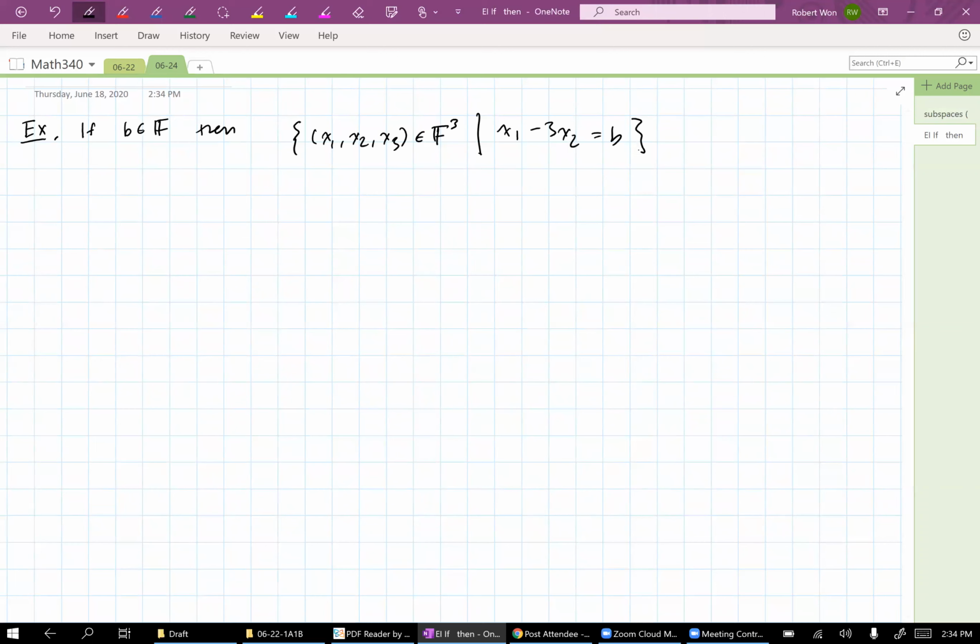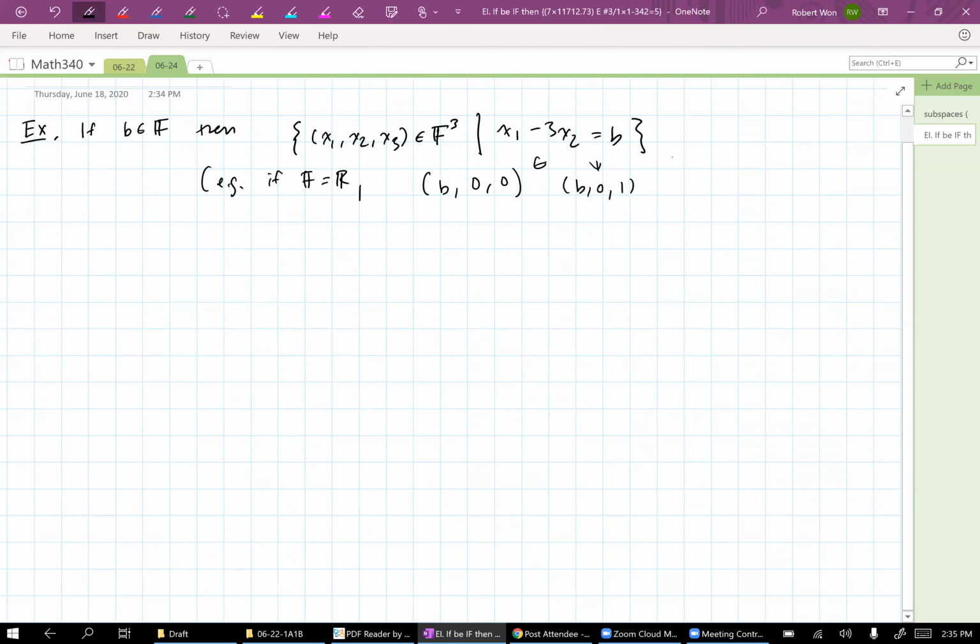For example, if F is R here, then this contains vectors like (b, 0, 0), right? Because that satisfies that property. Also like (b, 0, 1) is in there, right? So this is some subset of vectors inside of F^3.